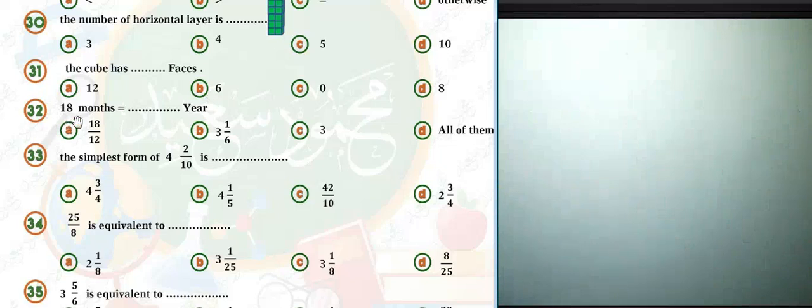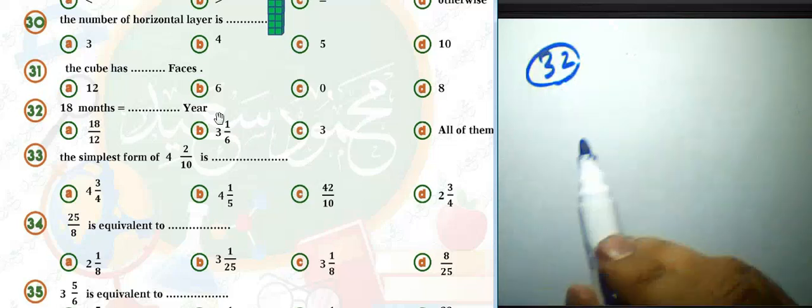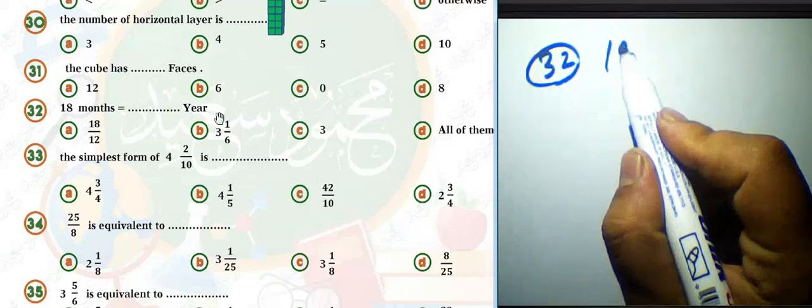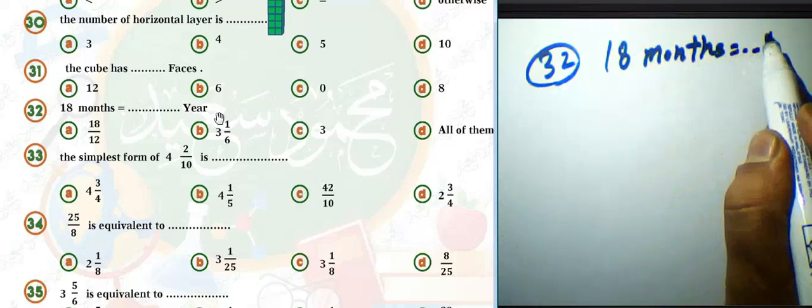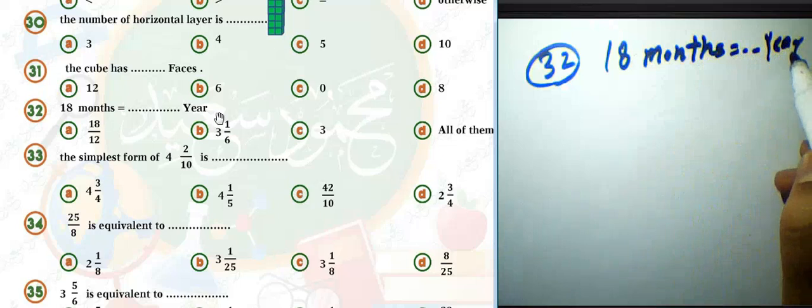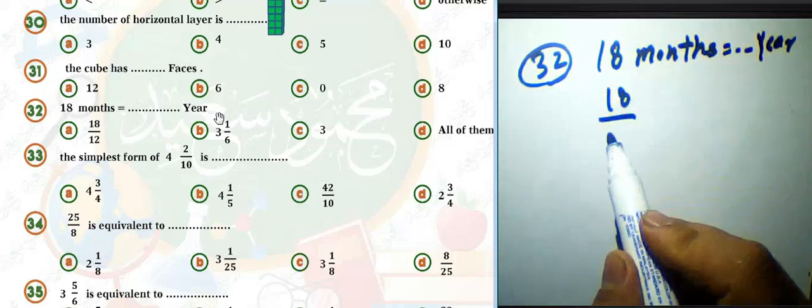Question 32. 18 months equals space year. We can convert here by dividing and simplifying. Divided by what?